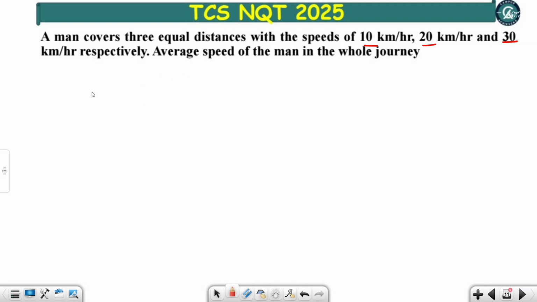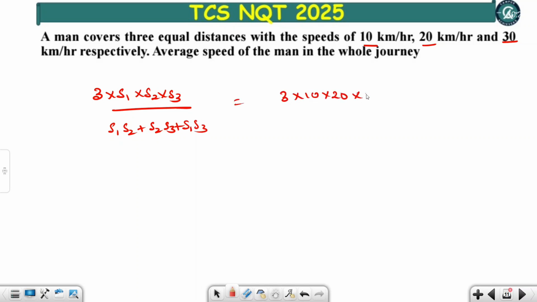The first one is the normal formula: 3 into S1 into S2 into S3 divided by S1 S2 plus S2 S3 plus S1 S3. That is 3 into 10 into 20 into 30 divided by S1 into S2, that is 200, plus 600 plus 300.